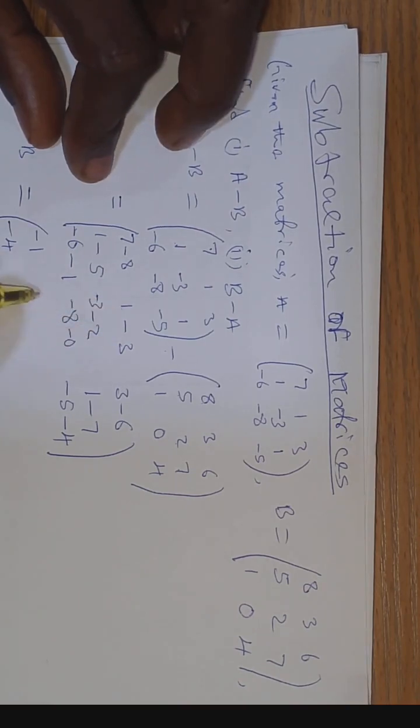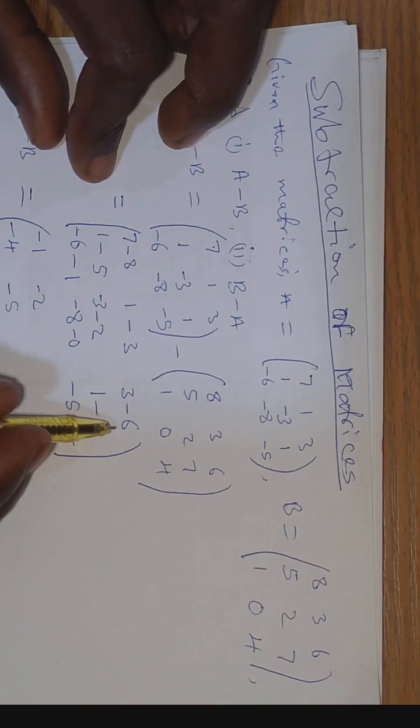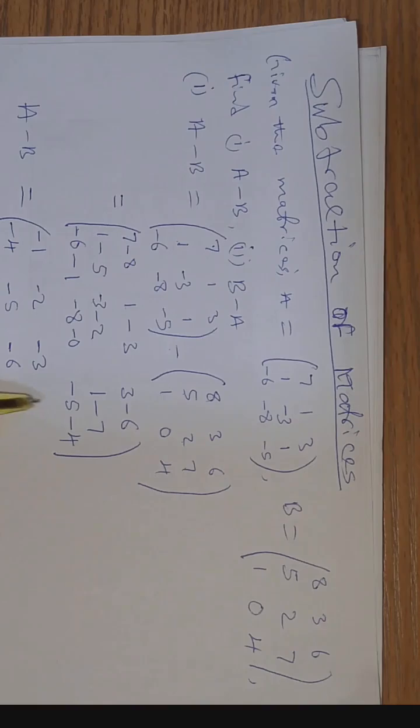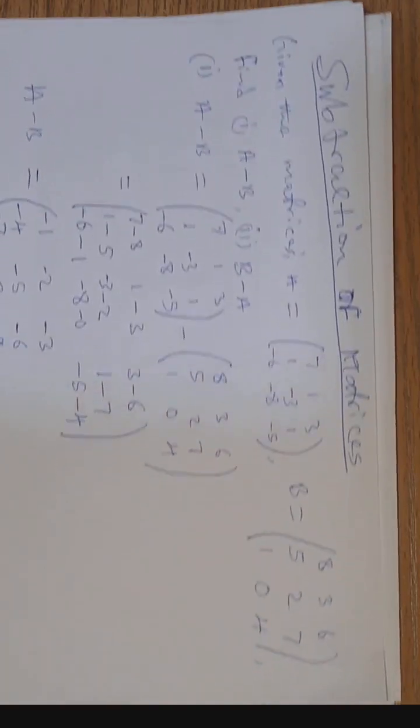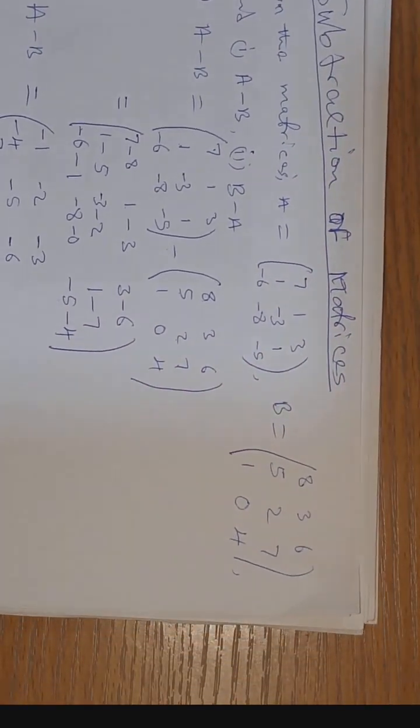So 1 minus 3 will give us minus 2, minus 2 minus 3 will give us minus 5, minus 8 minus 0 will give us minus 8, 3 minus 6 will give us minus 3, 1 minus 7 will give us minus 6, finally minus 6 minus 5 minus 4 will give us minus 9. Are you following? Alright, so this is how we solve this.